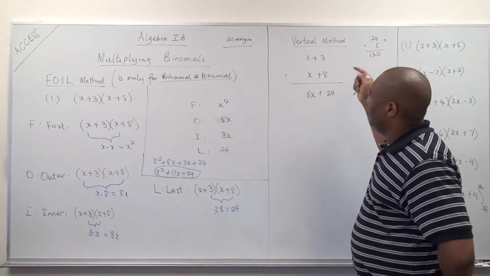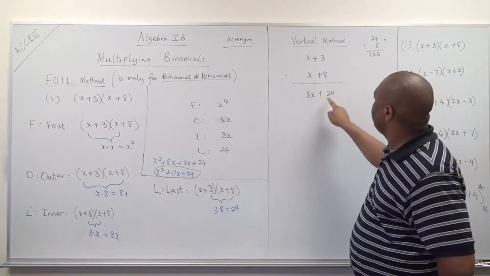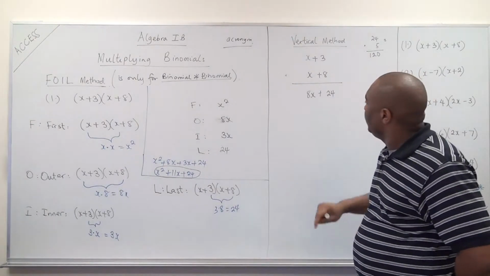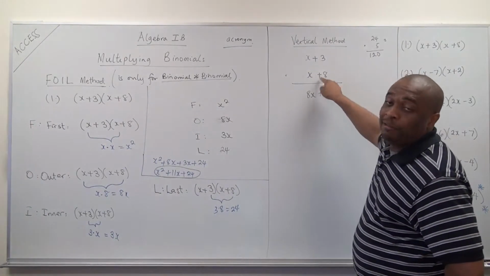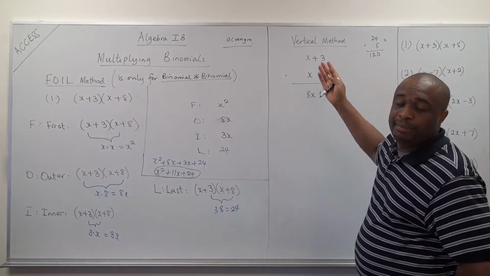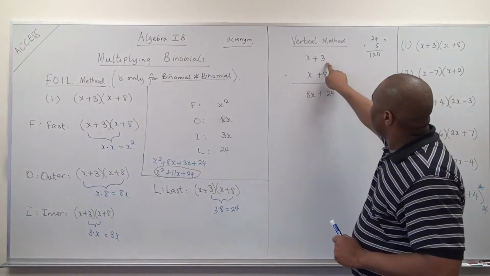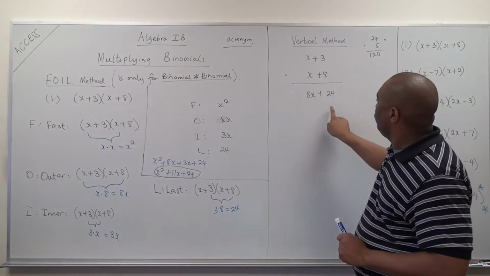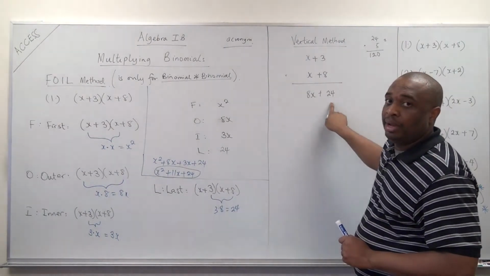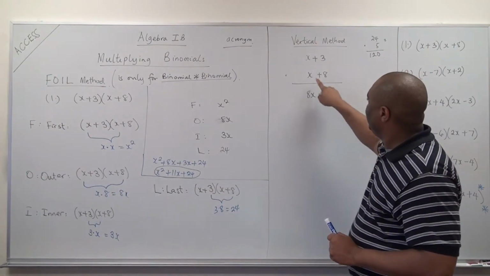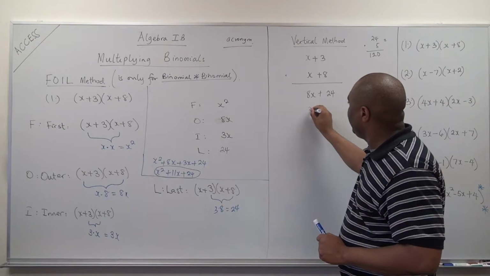You see how we did it? 8 times plus 3 is plus 24, and 8 times x is 8x. Then x times 3 is 3x. You know how you will write it, right? The 3x, I will write it under here.